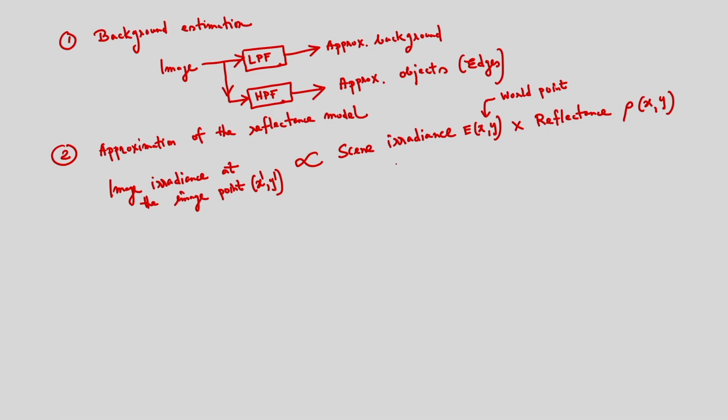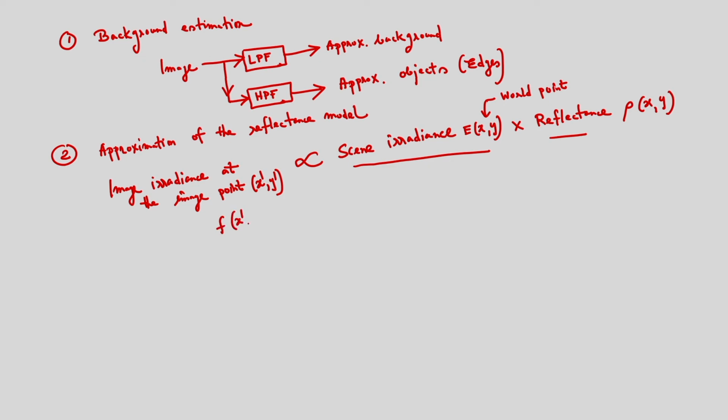For the scene irradiance, I have to consider the sum of contributions from all illumination sources. And what is the reflectance? Reflectance means the portion of the irradiance which is reflected towards the observer or the camera. Mathematically I can write this expression.